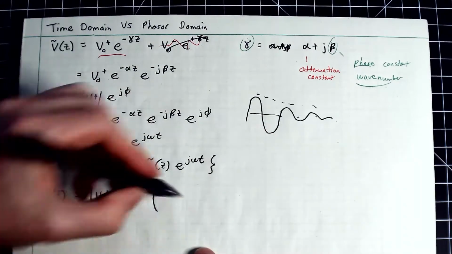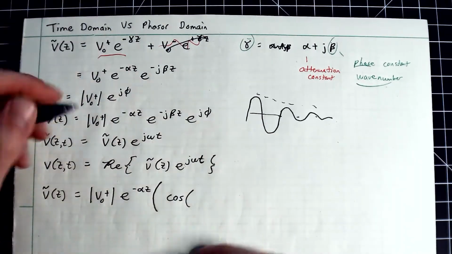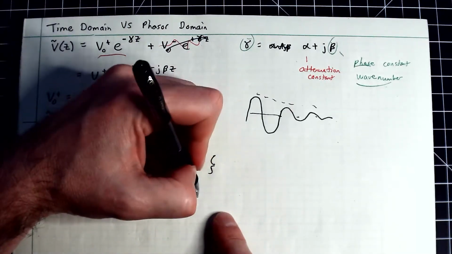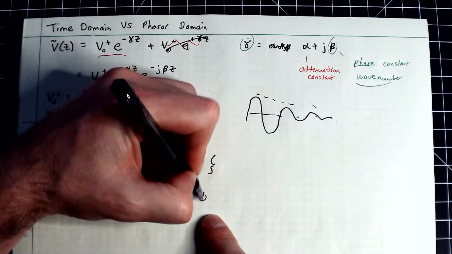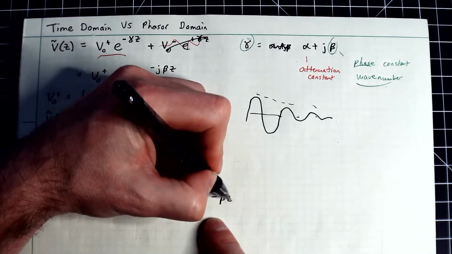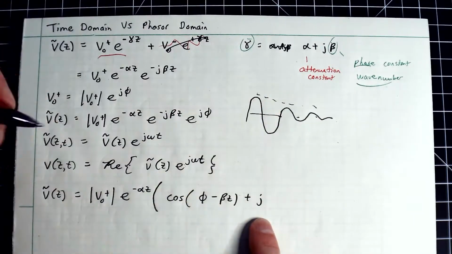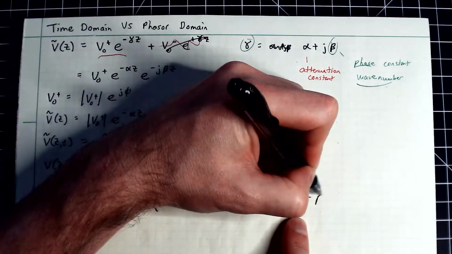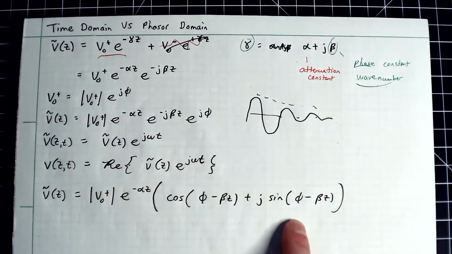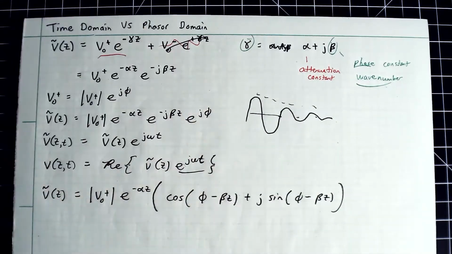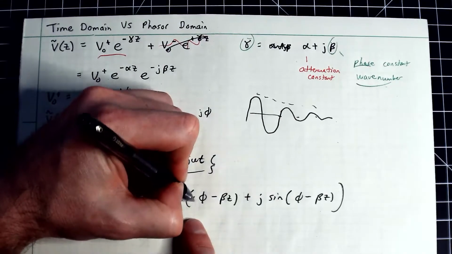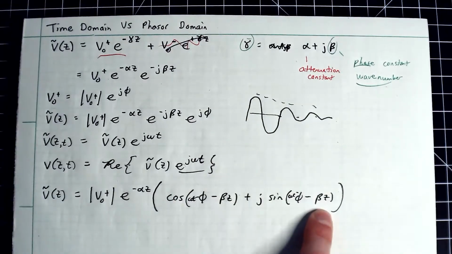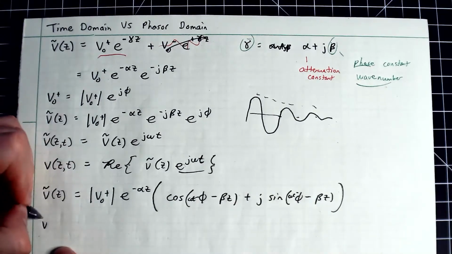Now I'm going to get a big term here, a cosine of phi minus beta z, plus j times the sine of phi minus beta z, like so. Oh, I need to include my time term. When I multiply also this j omega t term, I'm going to get an omega t minus that, and an omega t minus that in there as well. So let's write that down explicitly.